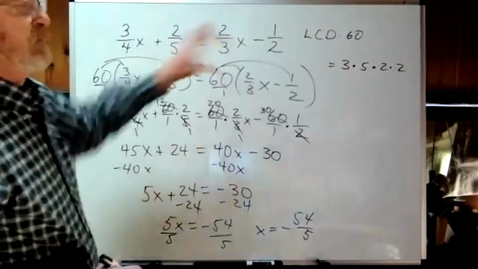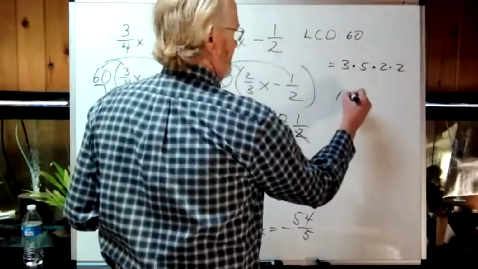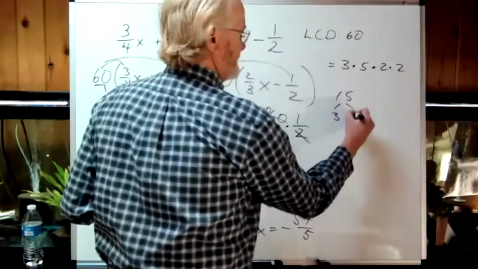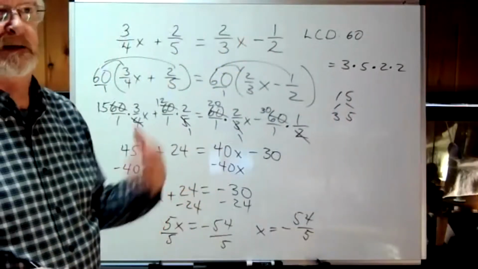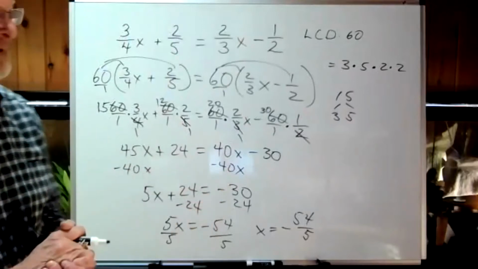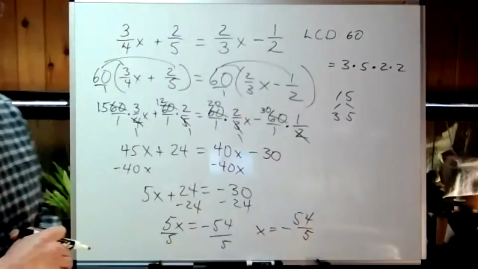If these weren't prime numbers, like if I had a 15, I might break it down and notice that 15 is built out of 3 and 5. So I would need a number that has a 3 and a 5 as a factor in order to be divisible by 15.